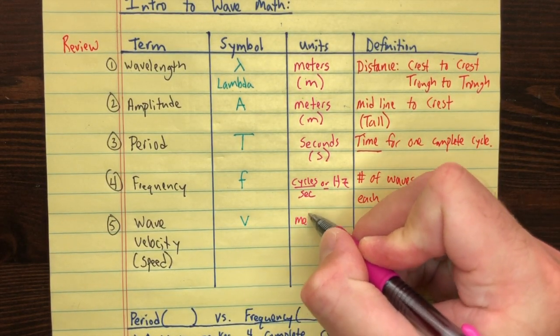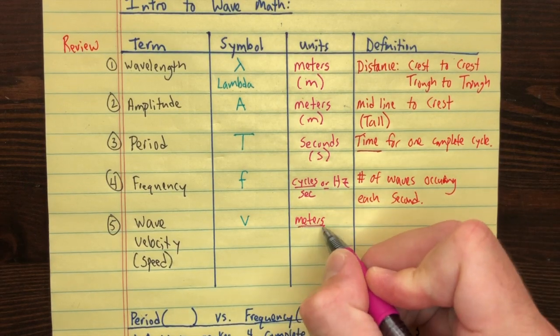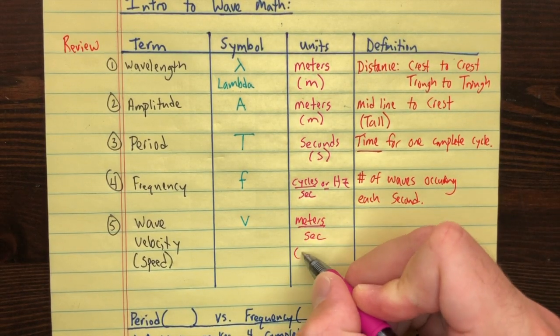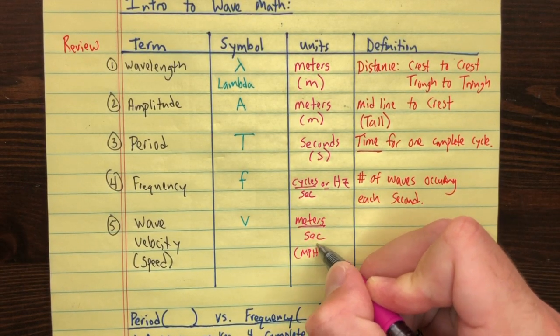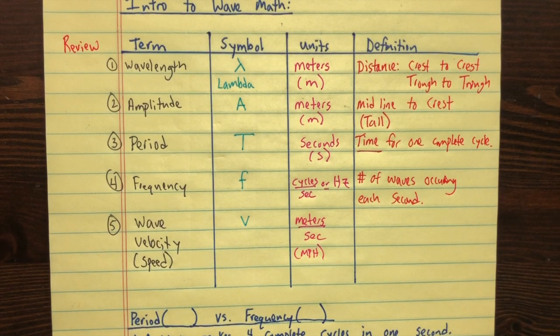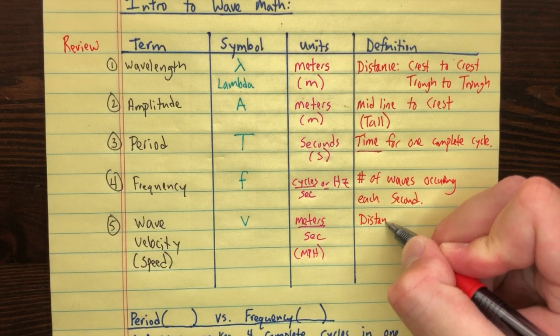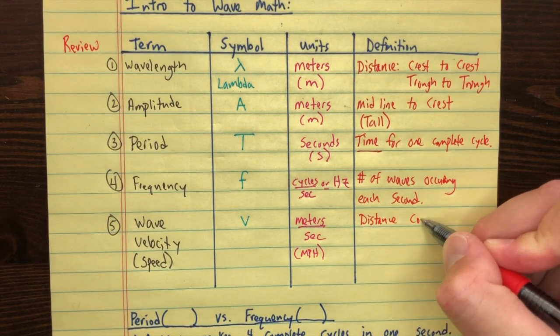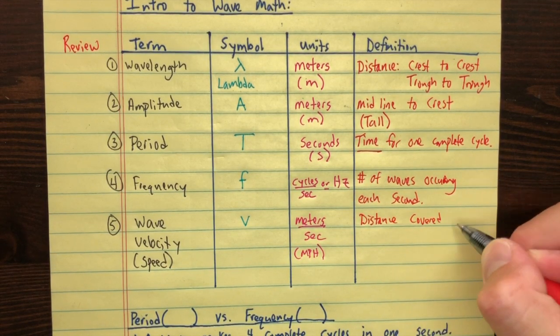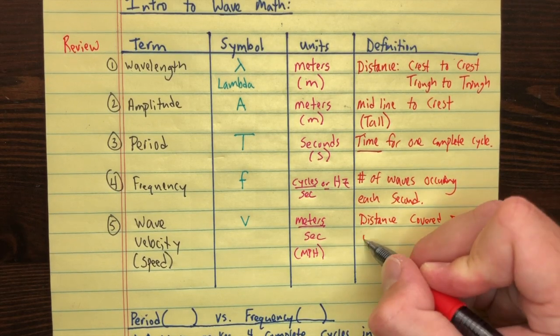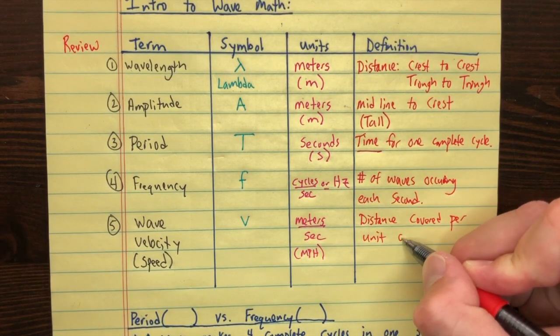We usually use meters per second, sometimes miles per hour. And the velocity is just basically how much distance a wave covers, distance covered per unit of time.